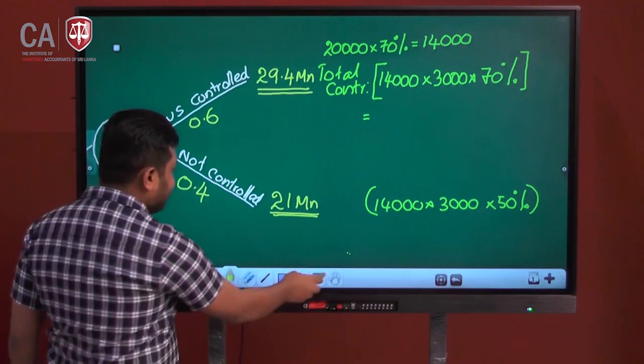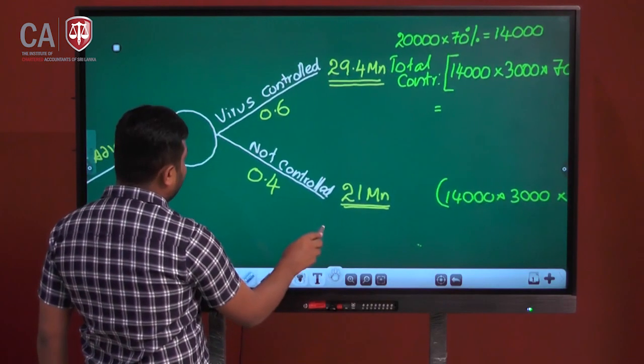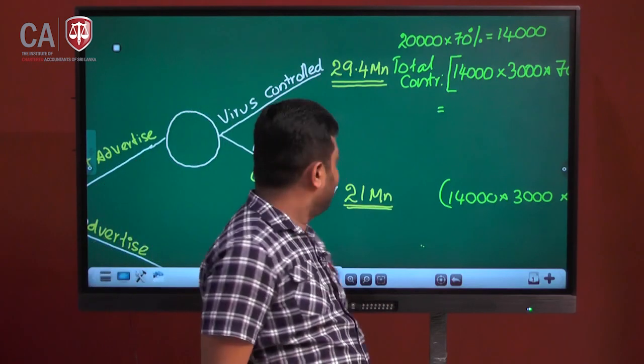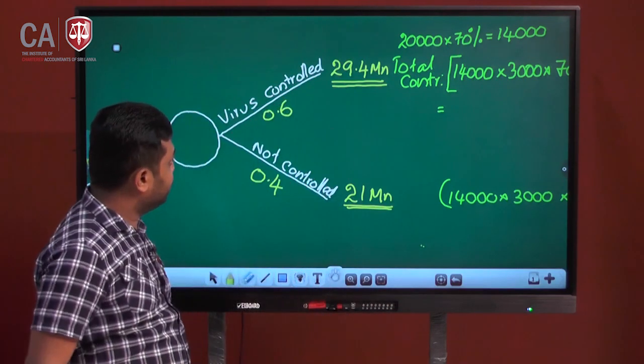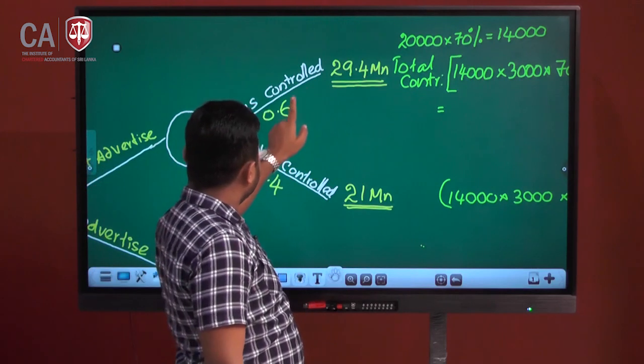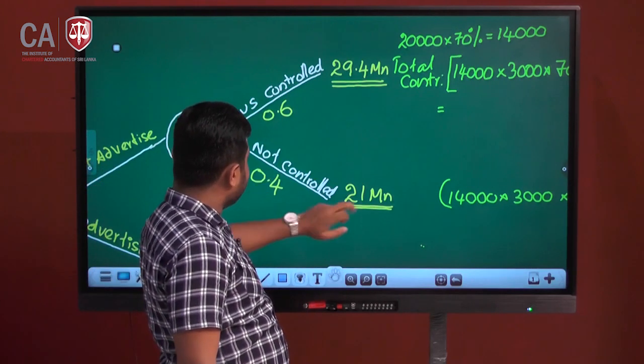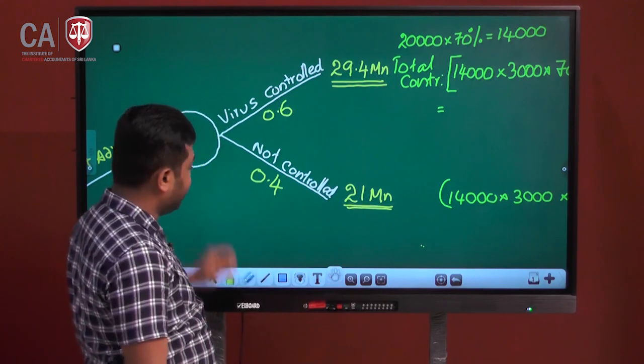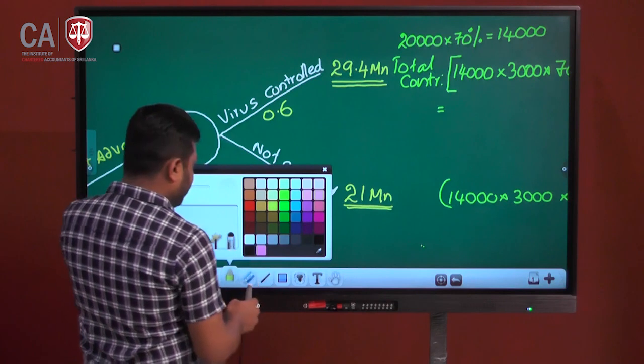Now you can easily take the expected value of this outcome. If you are not going to advertise, what is the expected value here? 29.4 million into 60% and 21 million into 40%.